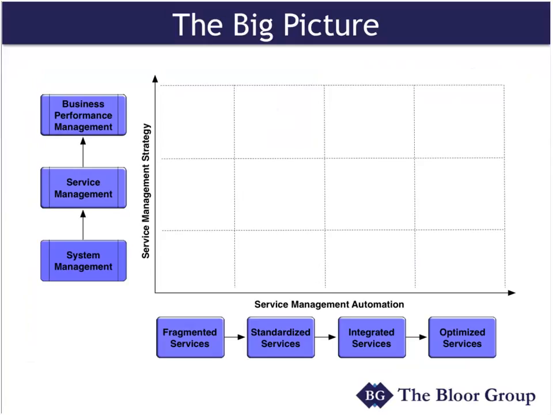Above that, you've got business performance management. Along the bottom, service management automation, you've got fragmented services that evolve into standardized services if you care to invest in this kind of thing, which evolve into integrated services, which evolve into optimized services.